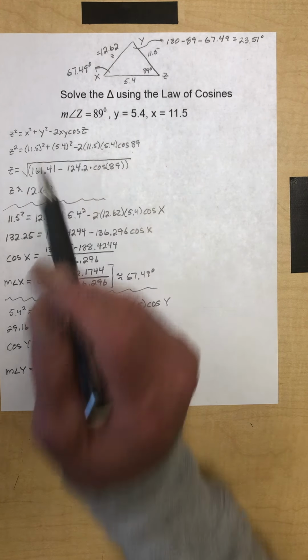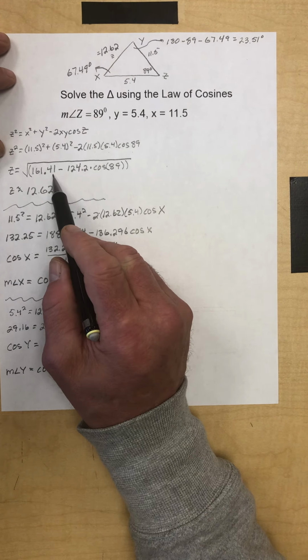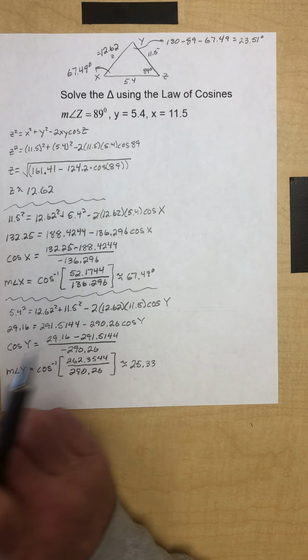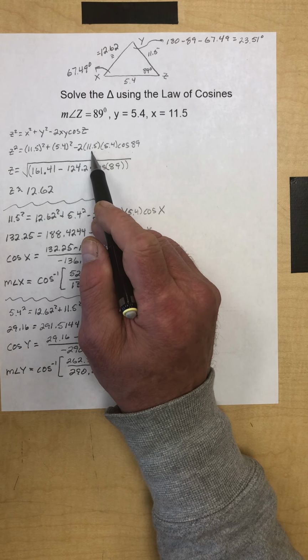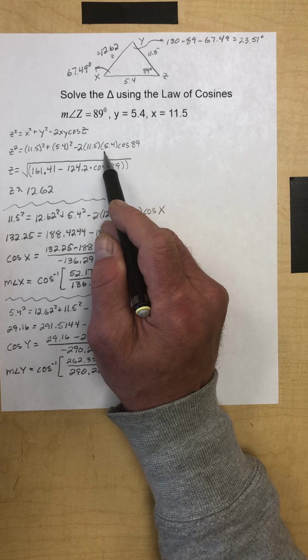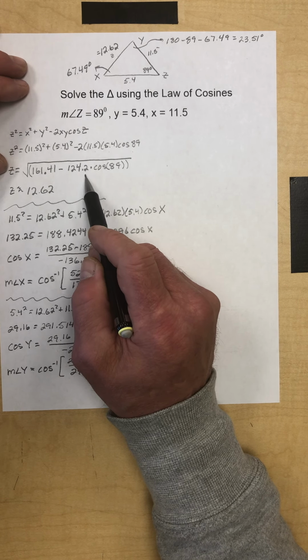Let's check 11.5 squared plus 5.4 squared. I'm getting 161.41. That's good. Then we go 2 times 11.5 times 5.4, and that's 124.2, so that's good.